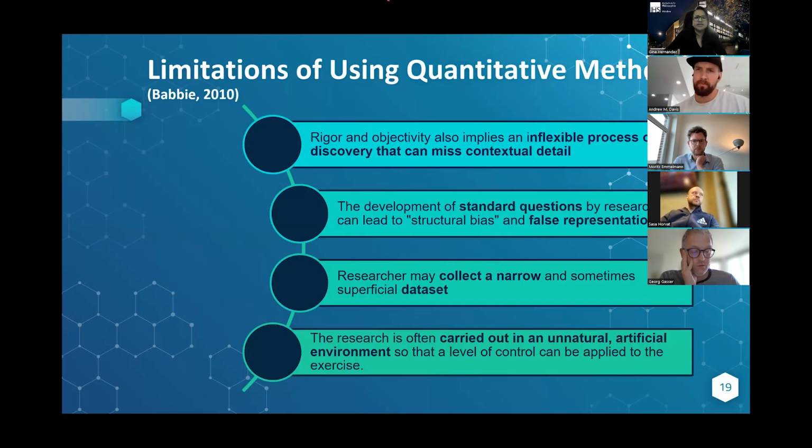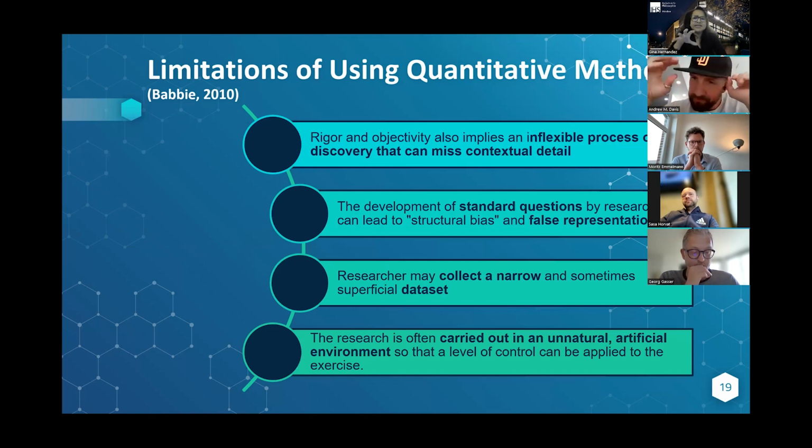And what about the limitations? As you can imagine, some of the limitations are that the rigor and objectivity also implies an inflexible process of discovery that can miss contextual detail, and this is where qualitative research will kick in.